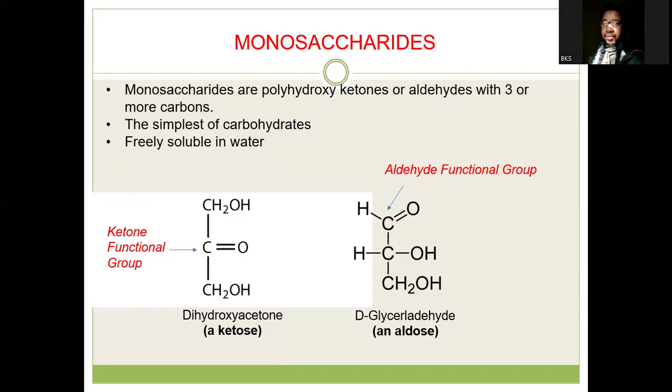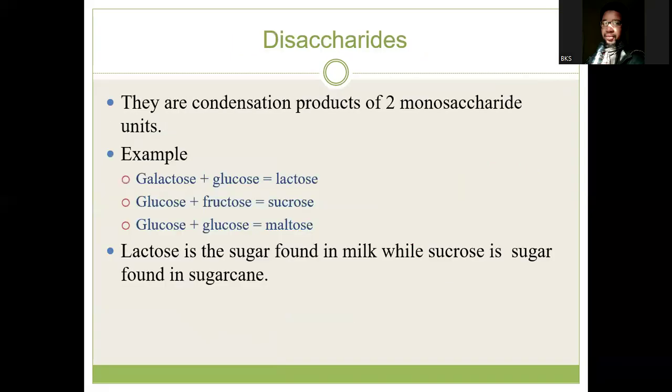We've already explained, on the basis of functional group, the ketoses and the aldoses. And we made mention that because of the presence of ketone as a functional group for this one, and the presence of aldehyde as the functional group for this one. Already explained that.